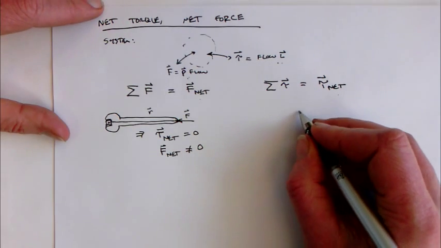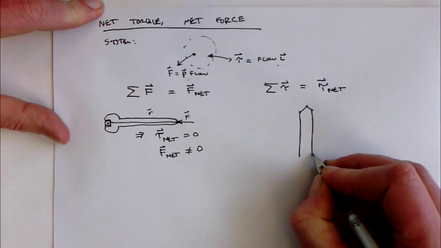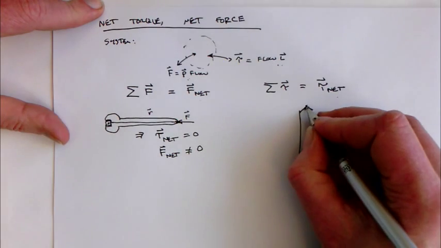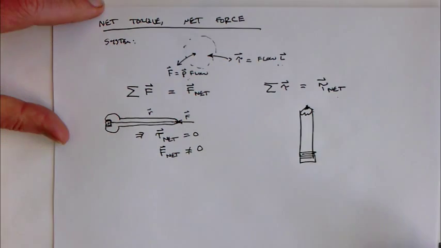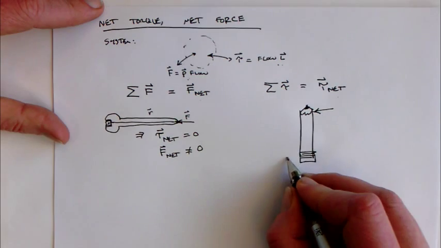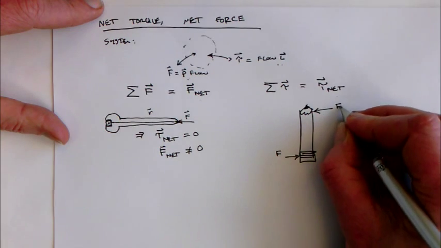So let me give one example of that. Let's imagine I've got a pencil, that's on the table. And I take my fingers and I apply a force here, and I apply a force here. And I make those forces equal and opposite.